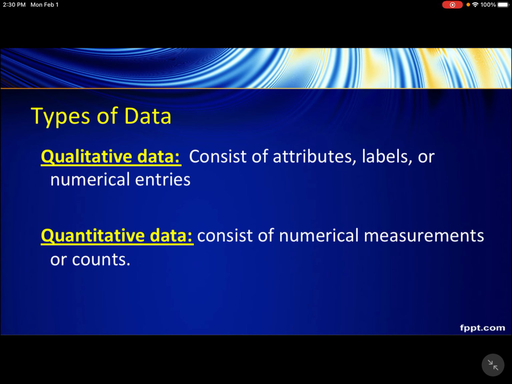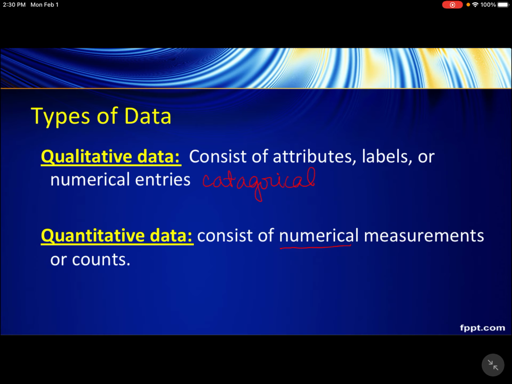Then there are two types of data. There's qualitative data, which we will also call categorical. And there's quantitative data, which we will refer to as numerical. Categorical or qualitative data consists of attributes, labels, or numerical entries.